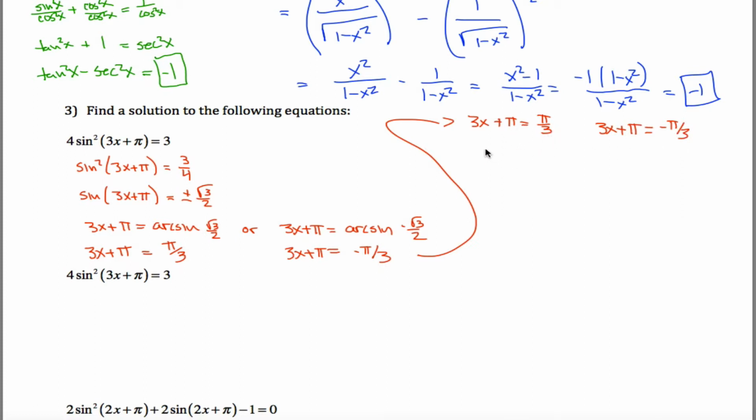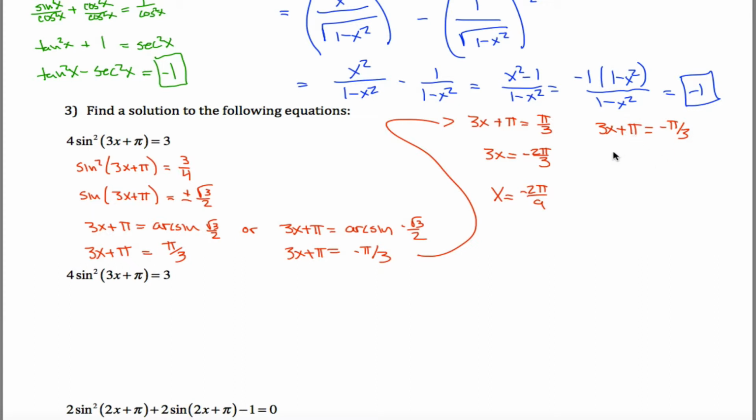If I subtract pi from both sides, I get 3x equals negative 2 pi over 3, because I have 1 pi over 3 minus 3 pi's over 3. Divide by 3, you get x equals negative 2 pi over 9.